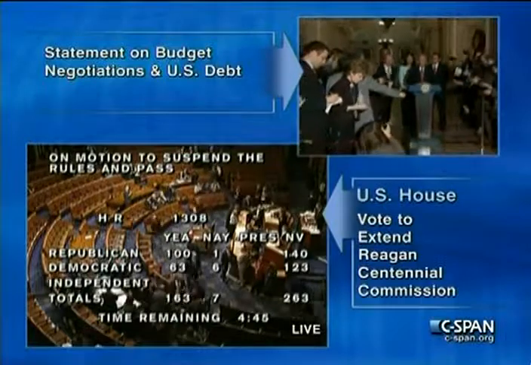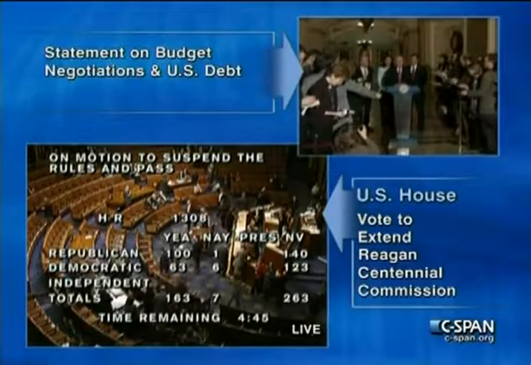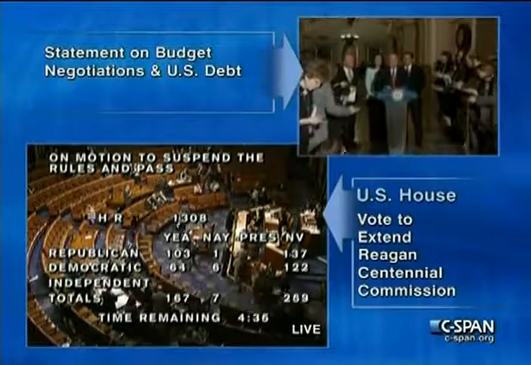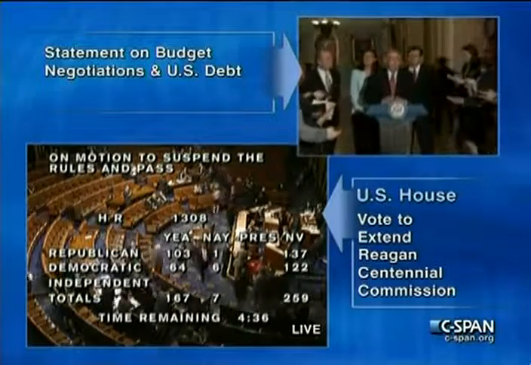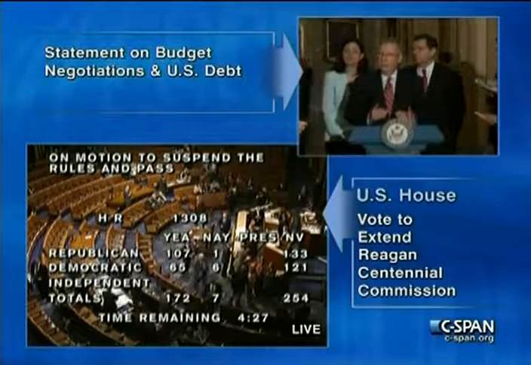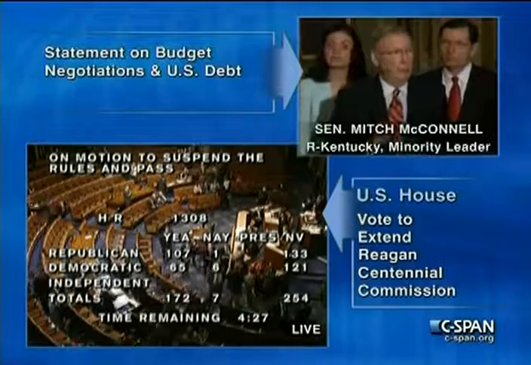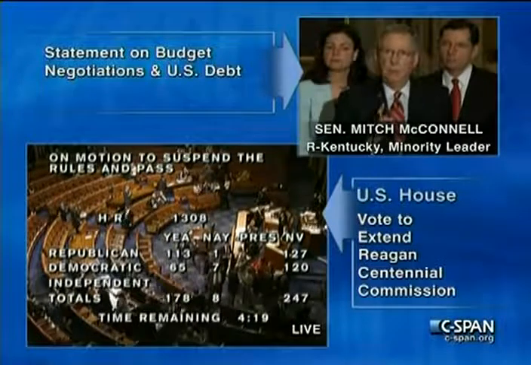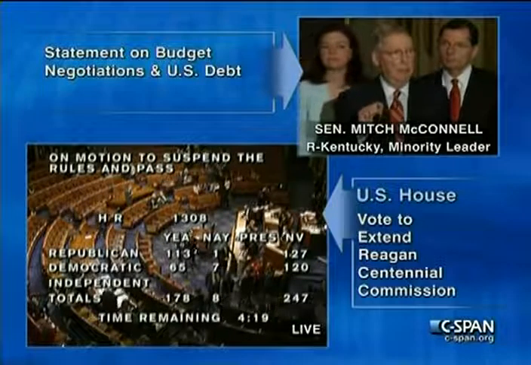Well, I would respond to that saying it's about time. He sent up a budget earlier this year that was literally laughable, and everybody's been challenging him, the most outspoken actually, the editorial page of the Washington Post, to get into this discussion and to lead. The census revealed that there are about 307 million Americans. There's only one of the 307 million Americans who can sign a bill into law.